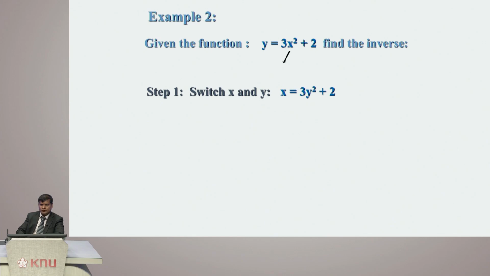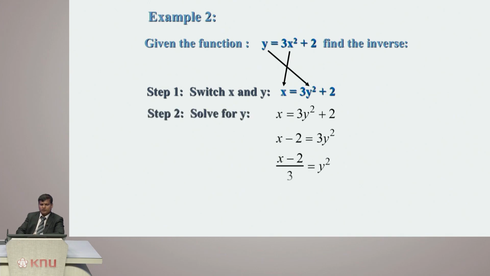So x equals 3y square plus 2. You are asked to solve for y. So x minus 2 equals 3y square, x minus 2 by 3 equals y square, and y equals root of x minus 2 by 3.